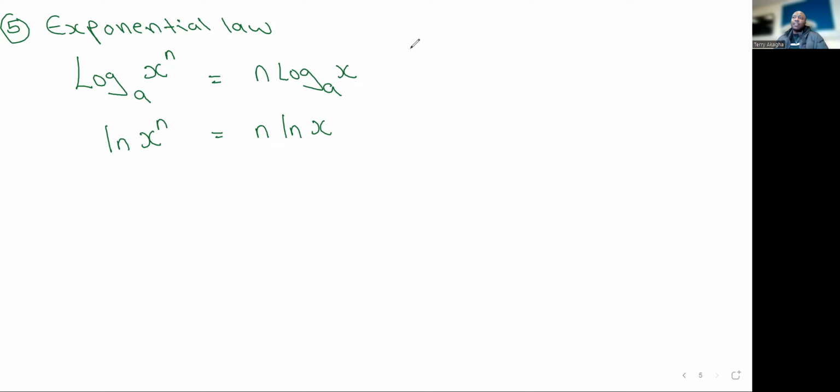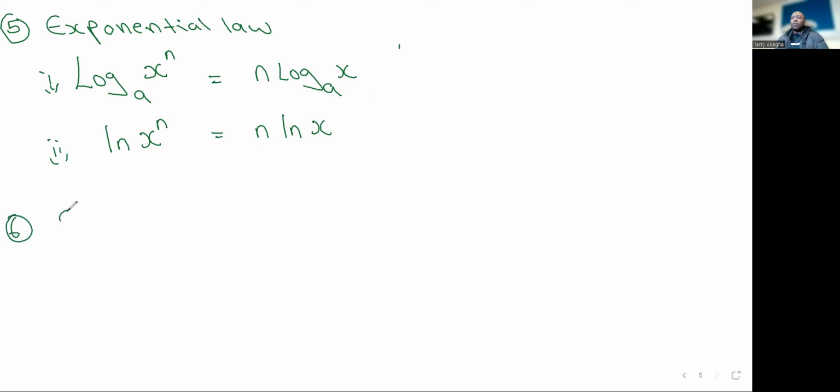This is number 1, and this is number 2, all right? Now, it's also possible that the power is on the base itself, okay? So there are some that have that kind of variation. So I'm going to talk about that first before I go to the zero law, okay?